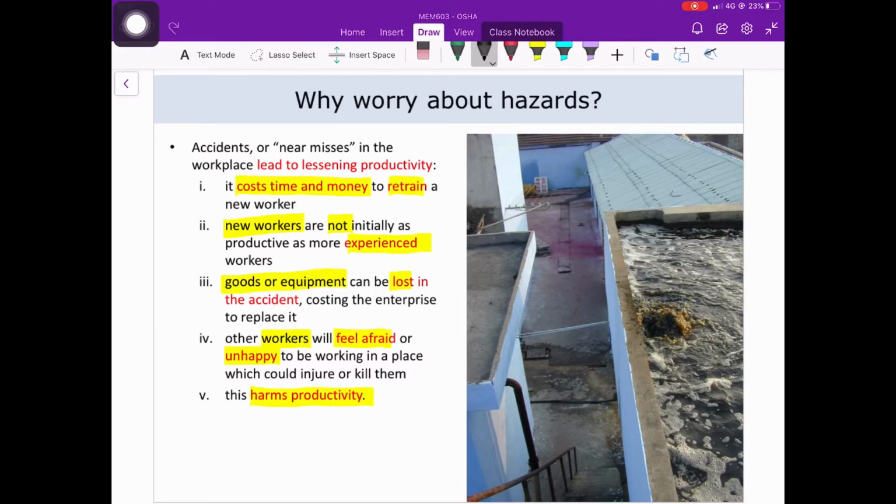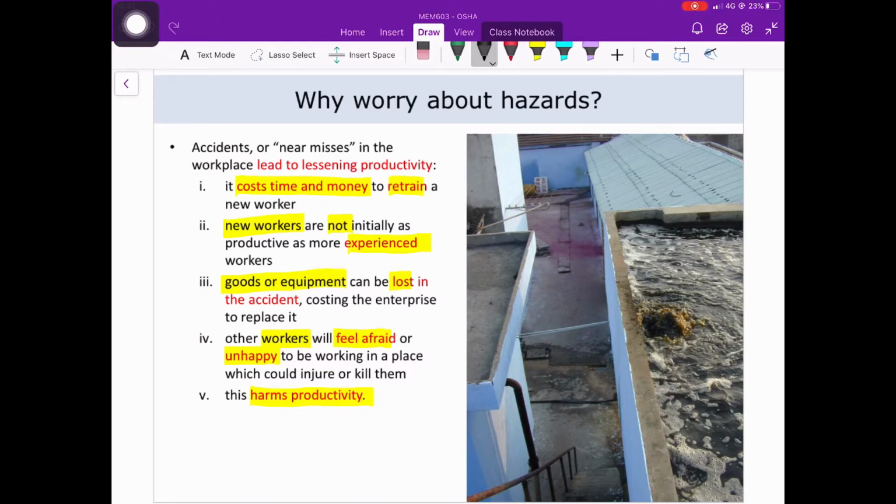Accidents or near-miss accidents can result in time and money needing to be spent to retrain a new worker. The new worker is not initially as productive as the more experienced worker who was involved in the accident, implying additional costs to the company to replace goods or equipment lost in the accident.